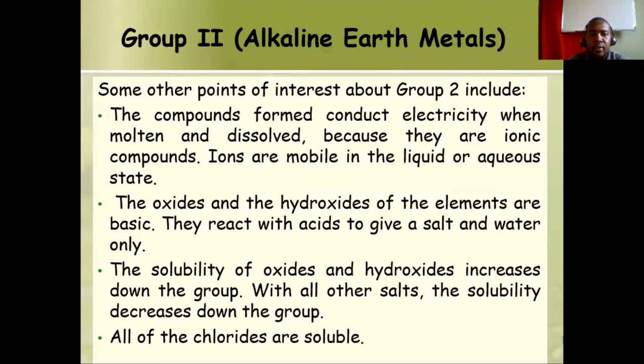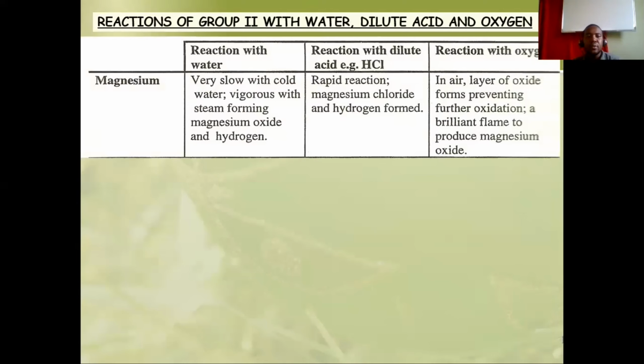All right, so let's look at the reactions with water, dilute hydrochloric acid, and oxygen. First one is magnesium. Magnesium reacts very slowly with cold water and vigorously with steam, forming magnesium oxide and hydrogen. So with cold water, magnesium has a very slow reaction. If you have steam, meaning you're heating the water, then magnesium reacts vigorously, producing magnesium oxide and hydrogen gas.